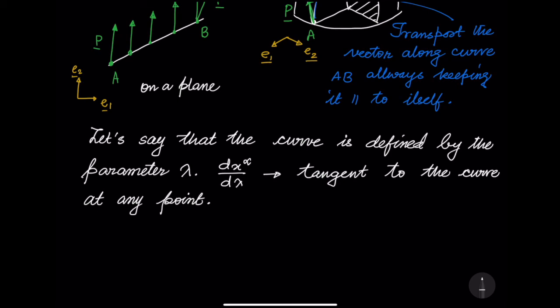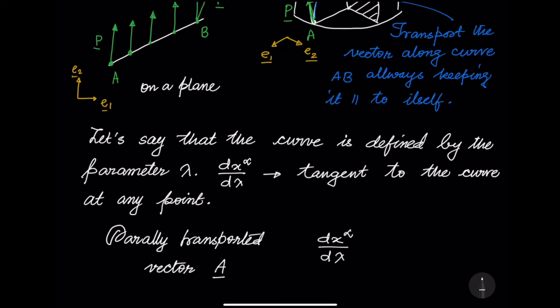Now we say that the vector is parallelly transported, if the vector is A, say, then this is how I parallelly transport: the gradient of the vector along dx alpha d lambda, which is again with respect to lambda of some component, should be 0.